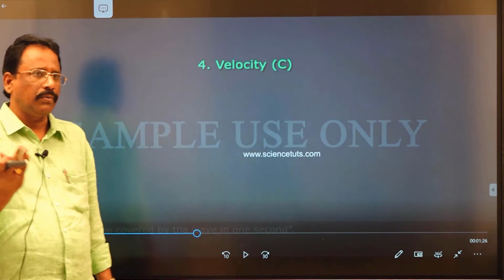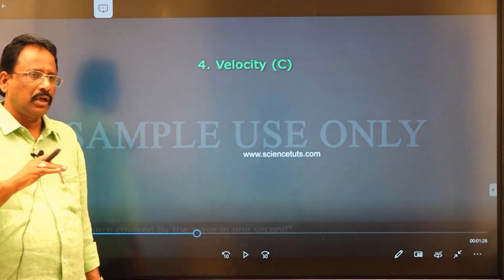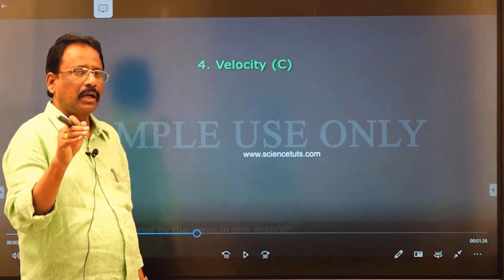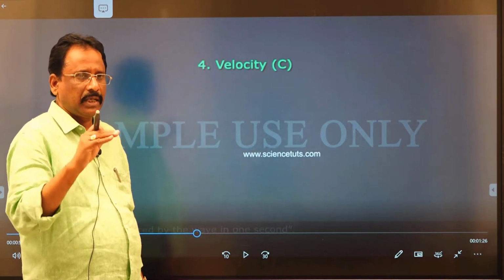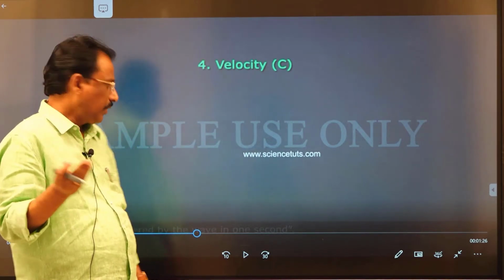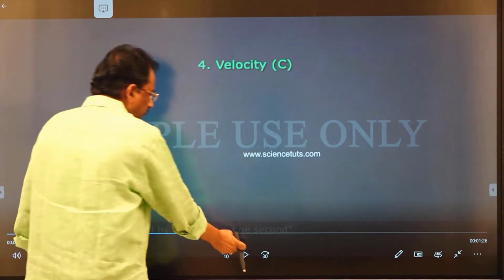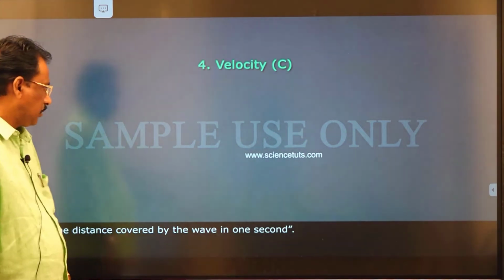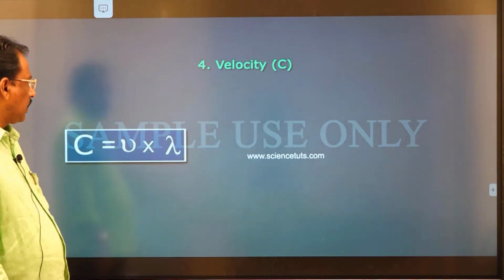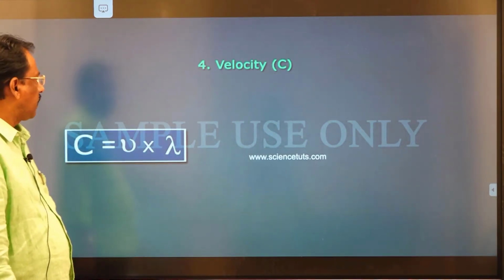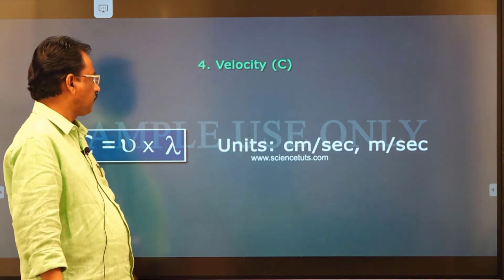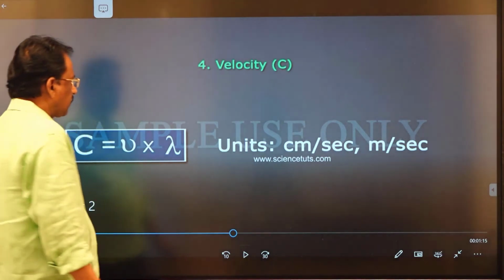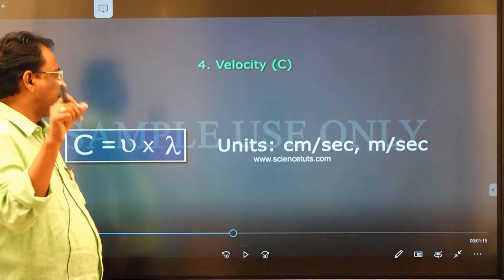So the unit of wave number is centimeter inverse or meter inverse. And another important characteristic property of any type of electromagnetic radiation is velocity of the light.